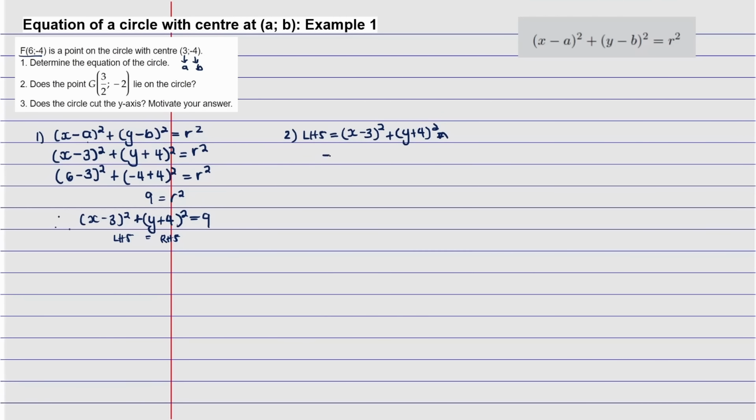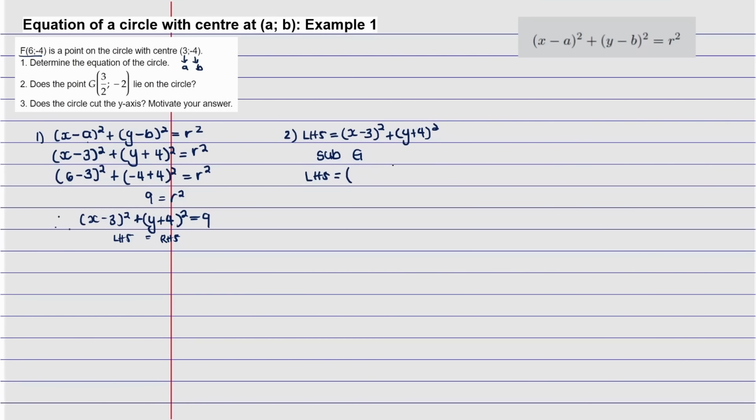So this is going to be equal to what? We're going to substitute G to check, right? So it's going to be now the left-hand side.